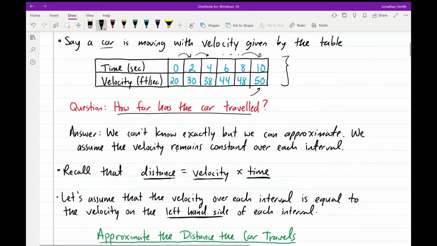What do I mean by that? If we're looking at the interval from 0 to 2, for example, we're going to assume the car has a velocity of 20 feet per second over that whole interval. If we're looking from 2 to 4, we're going to assume the car has a velocity of 30 feet per second, and so on, over each of these 2-second intervals.